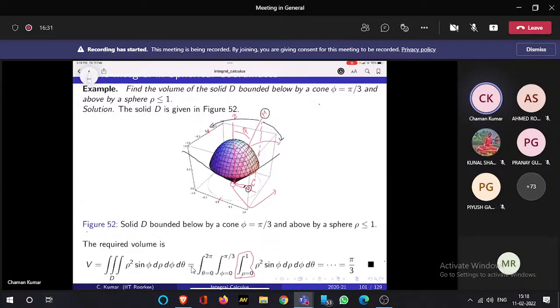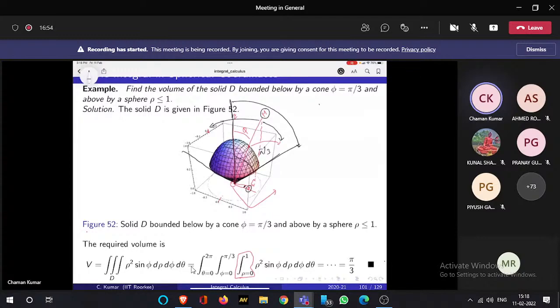So basically you start this ray from this z-axis, the angle is 0, and then you rotate this ray to this side, the angle with the positive z-axis is pi by 3, and from here it will exit the region. Okay, so only the half circle you make.